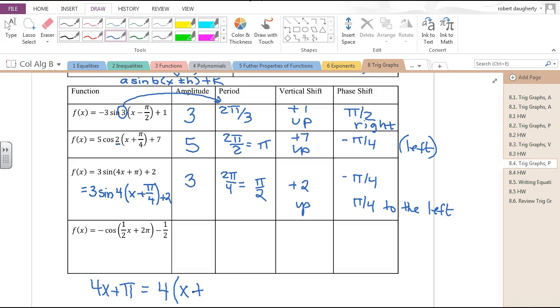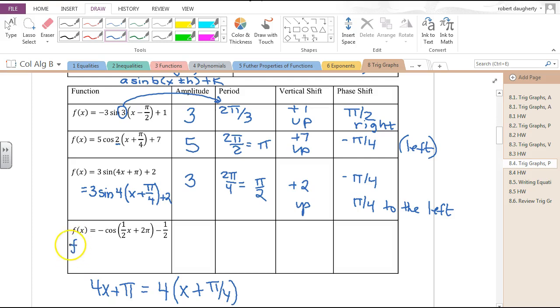So that's pi over 4. That's the only thing that it can be. And then you check yourself, 4x and then 4 pi over 4. So then it becomes 4x plus pi. So you're factoring the 4 out for that. There aren't going to be many that are like that, but you just need to know that you have to have a number in front of the parentheses, okay?